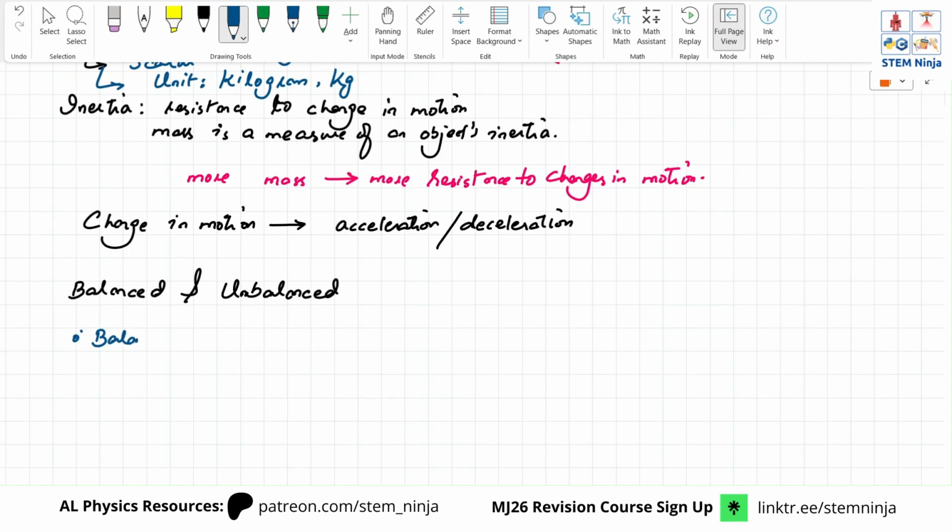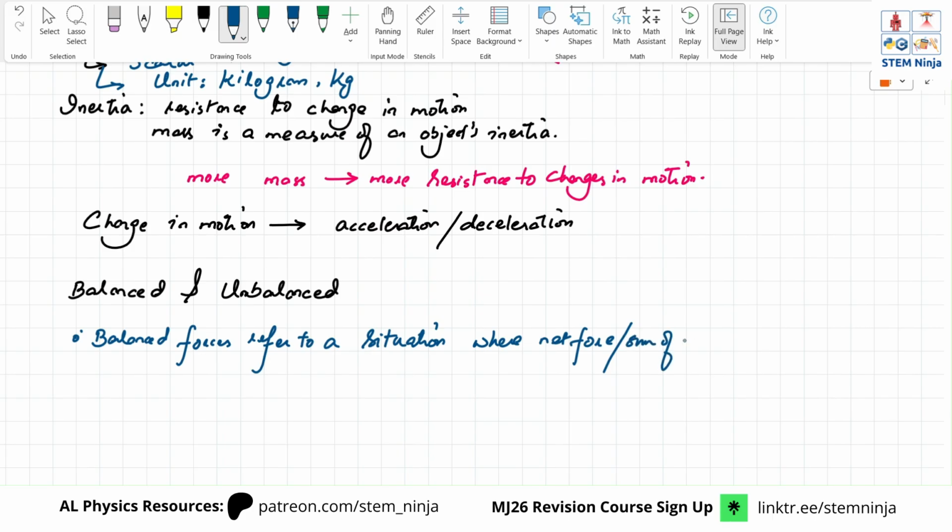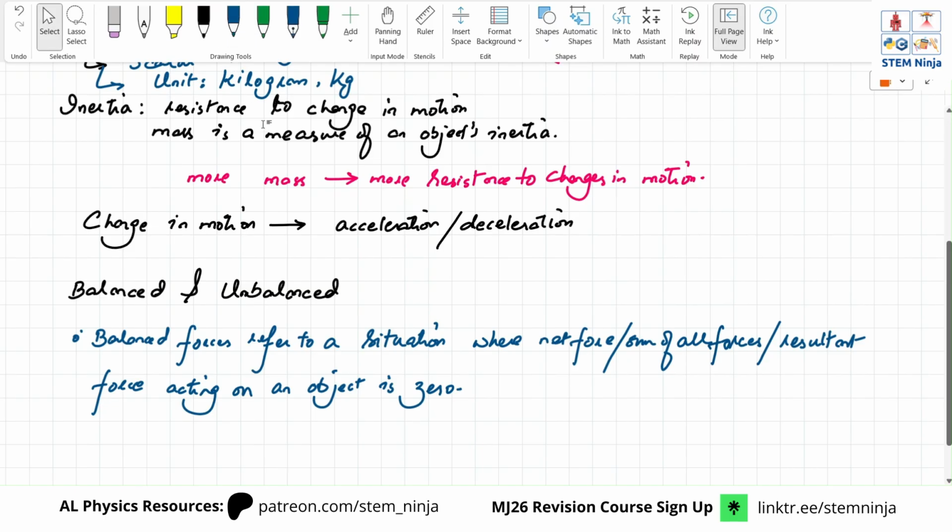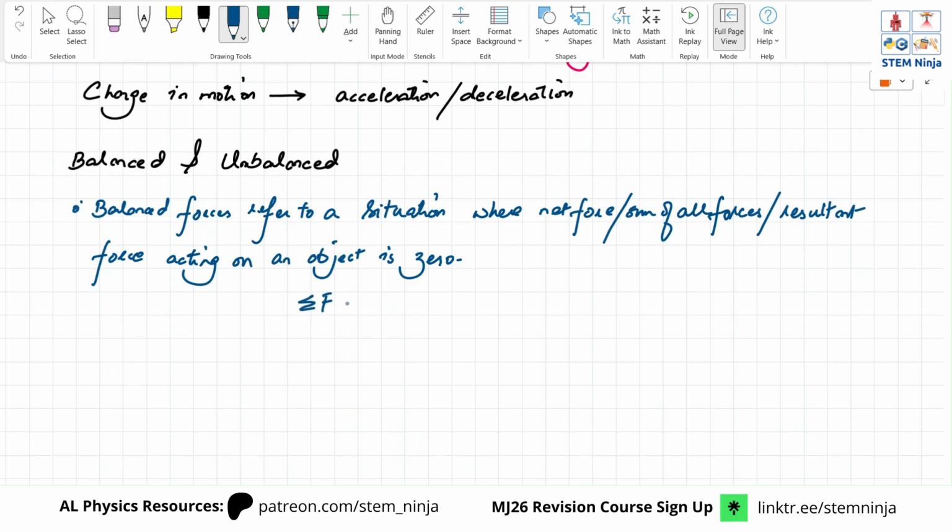Balanced forces refer to a situation where net force, sum of all forces, or in short, resultant force, acting on an object is zero. So that's a situation where the sum of forces is zero. This is going to be an important point in Newton's first law.